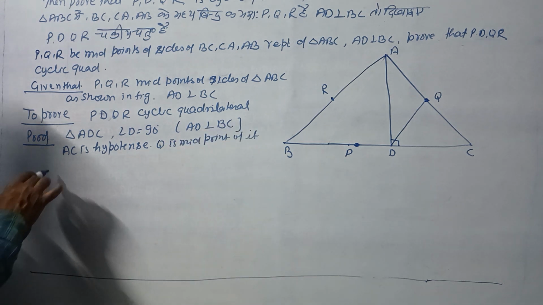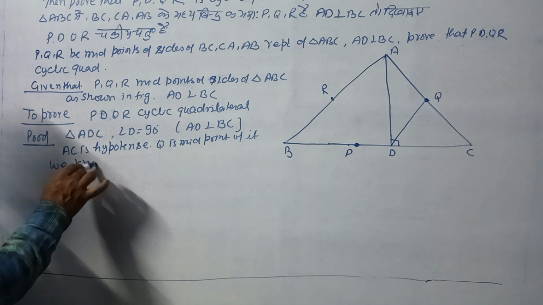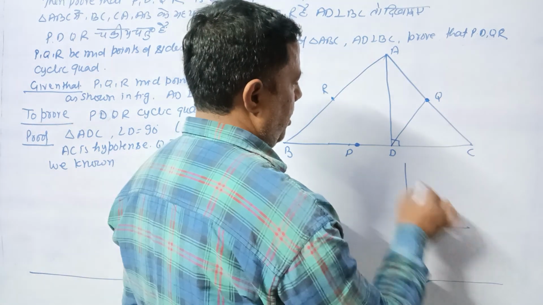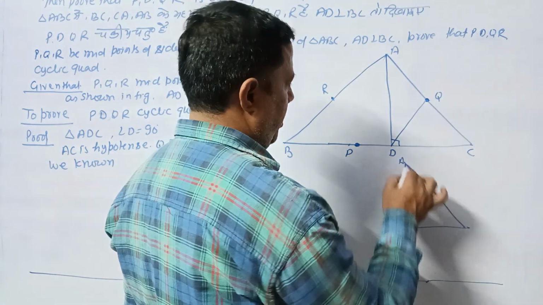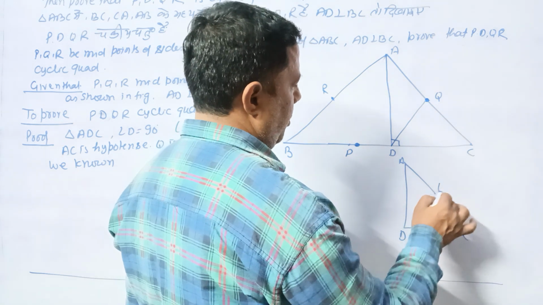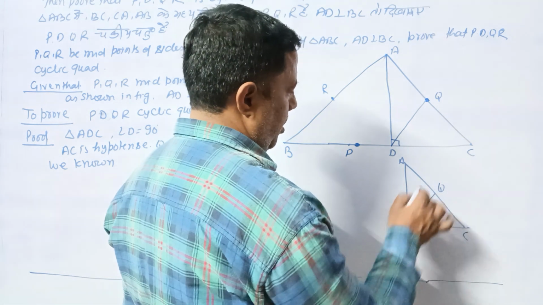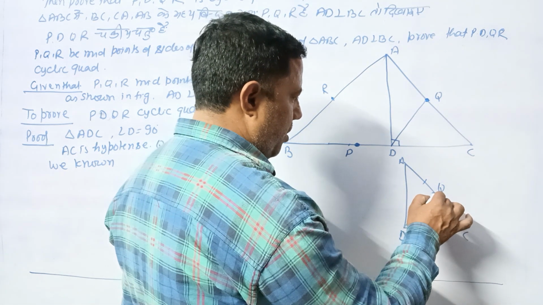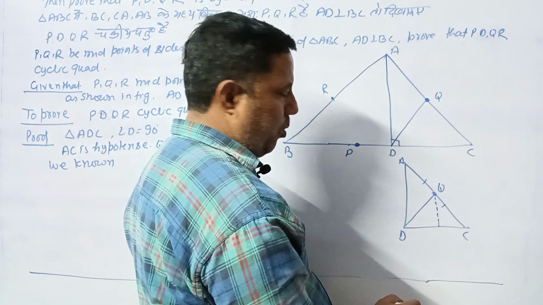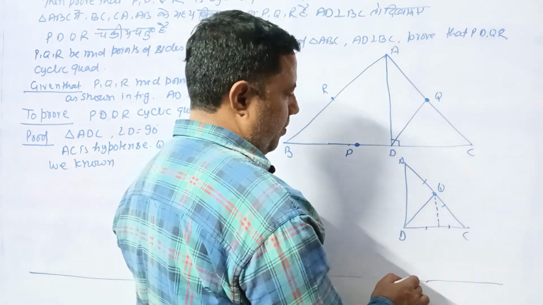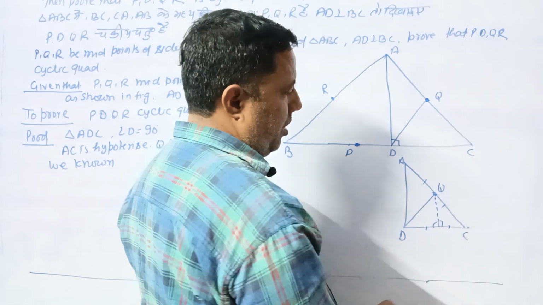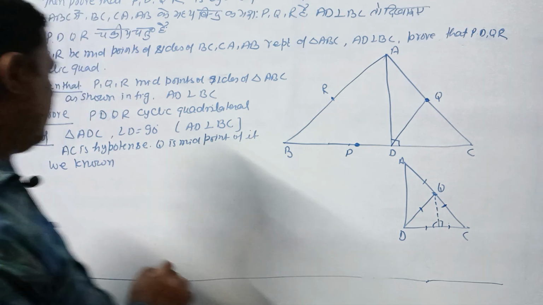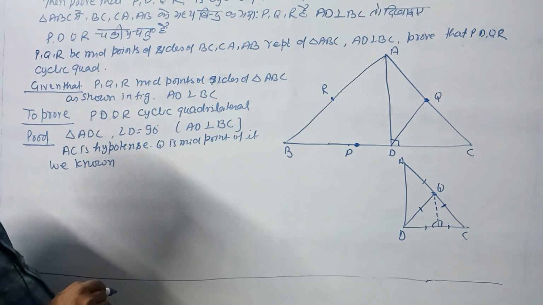We know that, for example, we can see triangles ADC and Q. This equal to this because Q is the midpoint and draw perpendicular. We can prove that this equal to this, common, that is 90, that is 90. Triangles are congruent. We can say this equal to this. So it comes in right triangle.